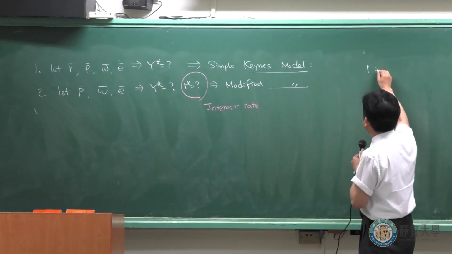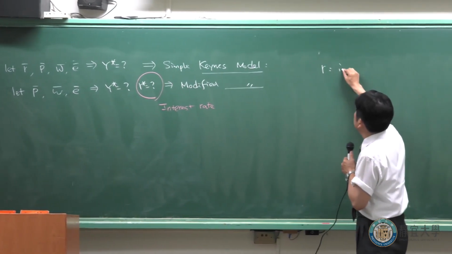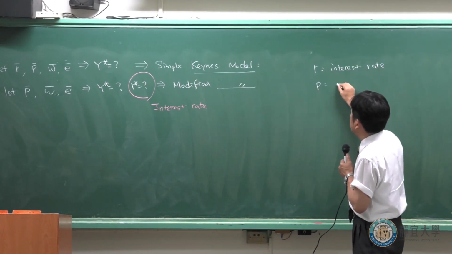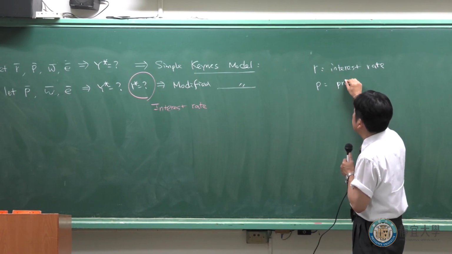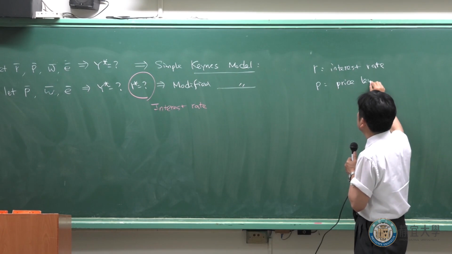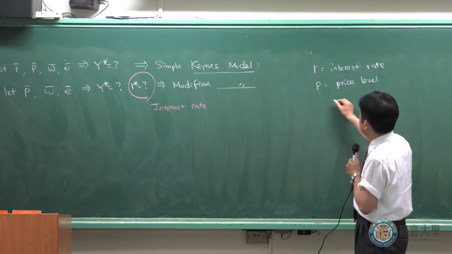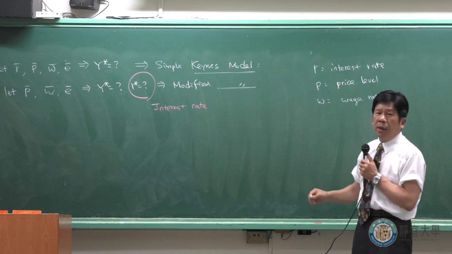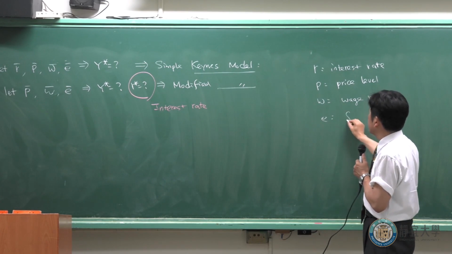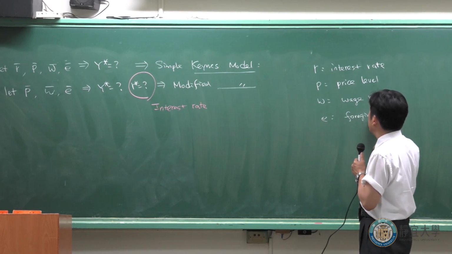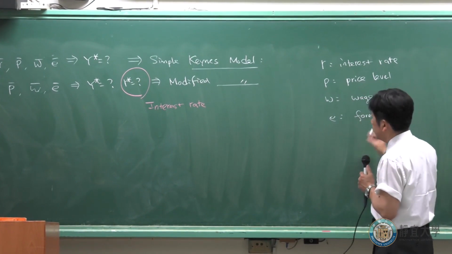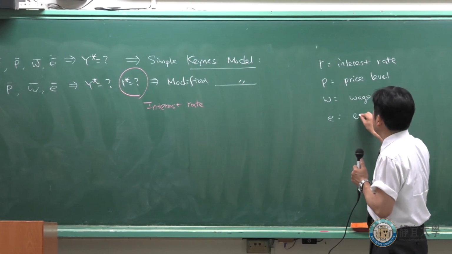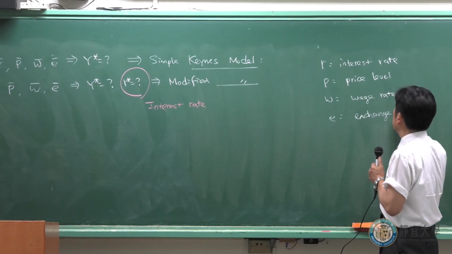For example, R represents the interest rate, P is the general price level, W is called the wage rate, and E is called the exchange rate.